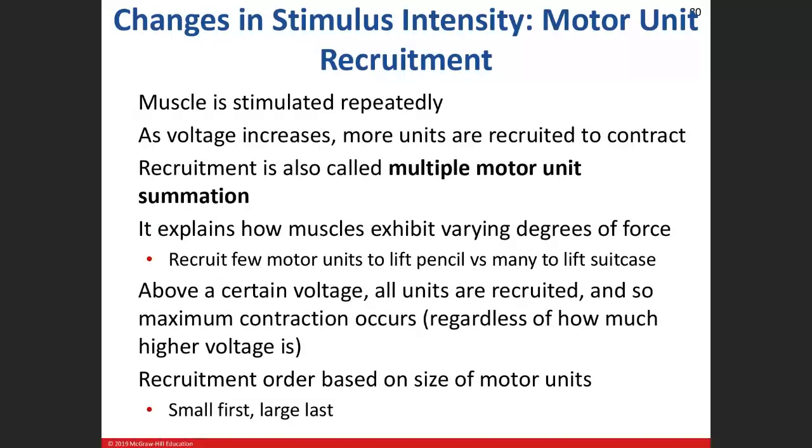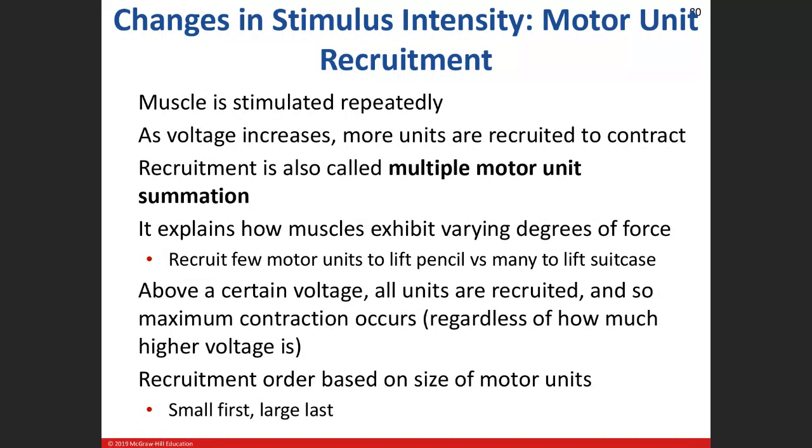We're going to try to increase that because remember, the more muscle fibers that you have involved in a contraction, the more powerful the force of the contraction can be, or the more tension we can actually produce. Okay? So what we're going to see is how our muscles can actually vary the amount of force that they generate.